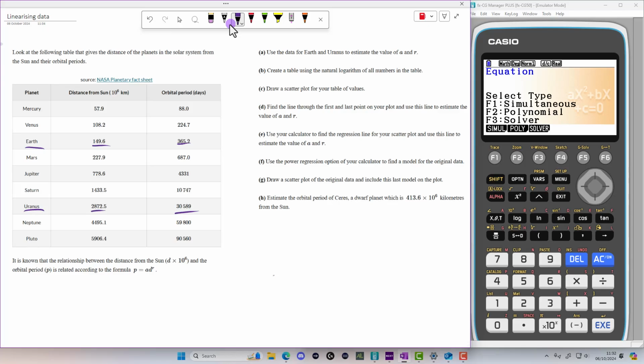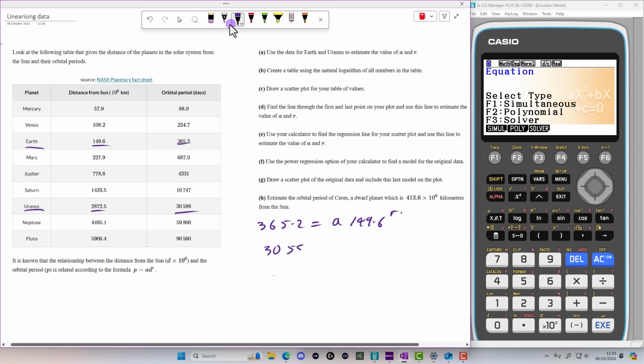So if we do that, we know that the period for Earth is 365.2, which is equal to A times 149.6 to the power of R. And for Uranus, we know that the period is 30,589, which is equal to A times 2872.5 to the power of R. Now, using algebra, we can divide these two equations.